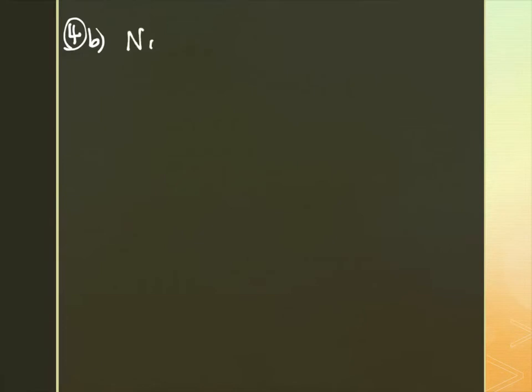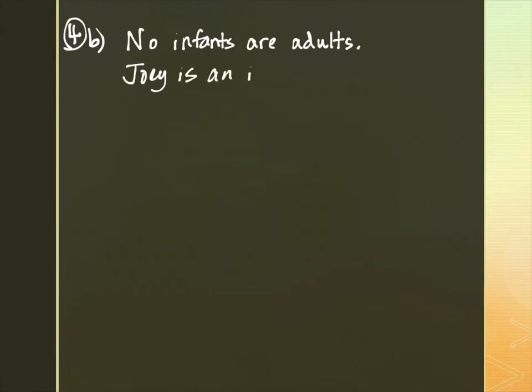We're going to create the example: no infants are adults. Joey is an infant. Therefore, Joey is not an adult.